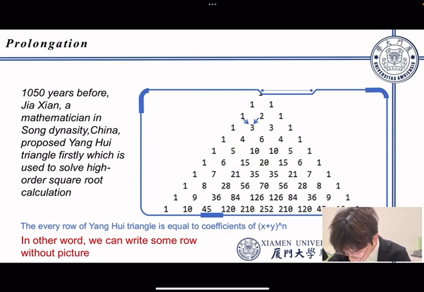It means the Yang Hui triangle. Over 1000 years ago, Jia Xian, a mathematician in Song Dynasty China, first proposed the Yang Hui triangle, which is used to solve high-order square root calculations. Every row of the Yang Hui triangle is equal to the coefficients of x plus y to the n power. So in other words, we can write some rows without the picture.